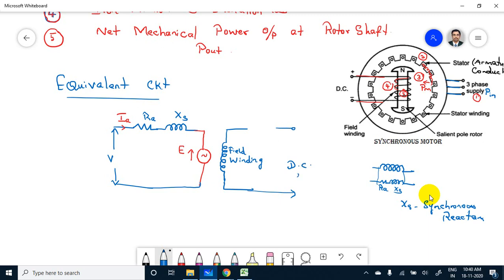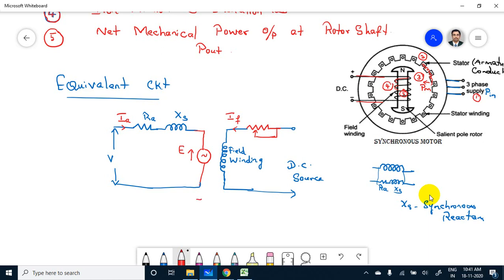This is a DC source. Now how to vary this DC source? We have the rheostat. This rheostat will be a variable rheostat. The current flowing from this rheostat will be IF, the field current IF.